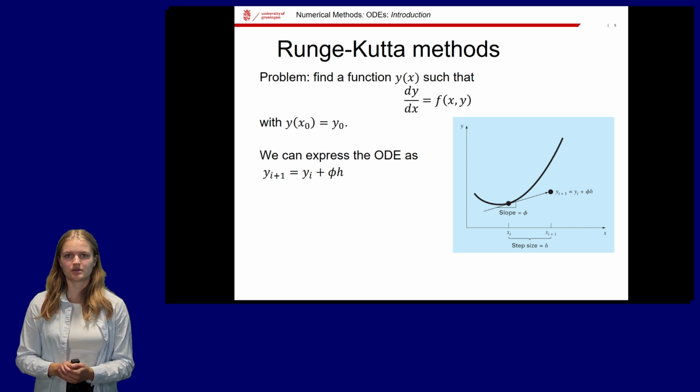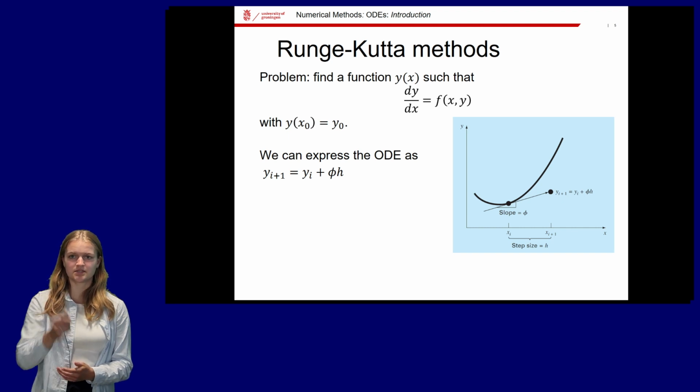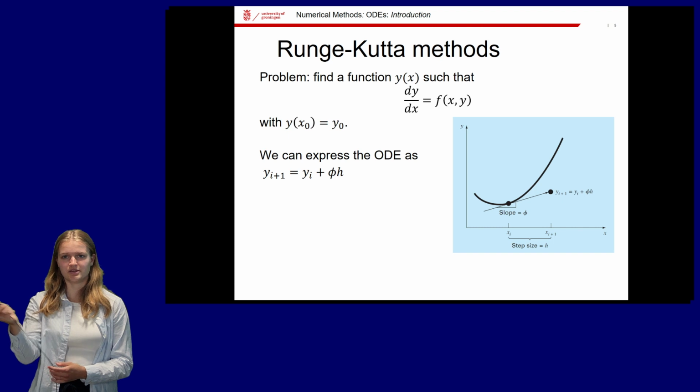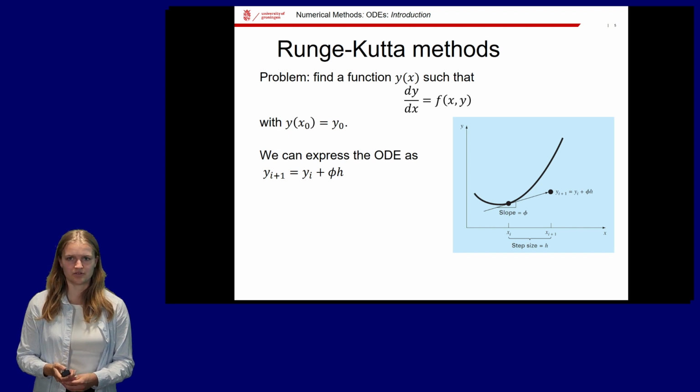In this figure you'll see a plot of x and y. If we have a value of y i at some x i, we can estimate the slope and use it to estimate the value of y at a point further along the interval.